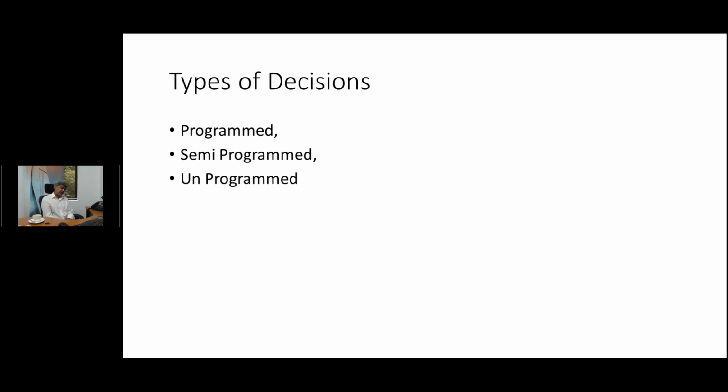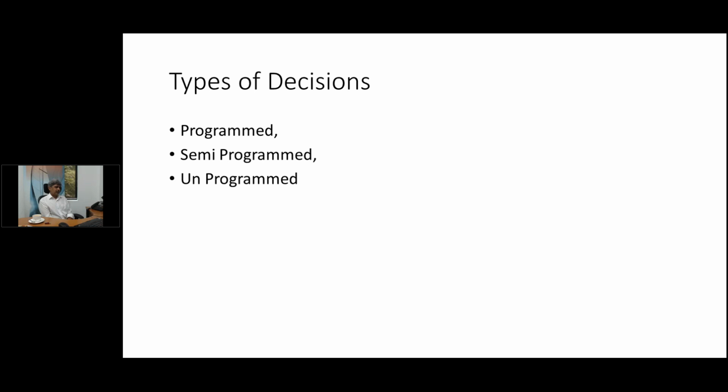If the problem is unstructured, we have unprogrammed decisions. And if we have a semi-structured problem, then we have semi-programmed decisions. Programmed means that we exactly know what we need to decide in order to solve this problem, because it is a routine type problem, it is a structured problem.